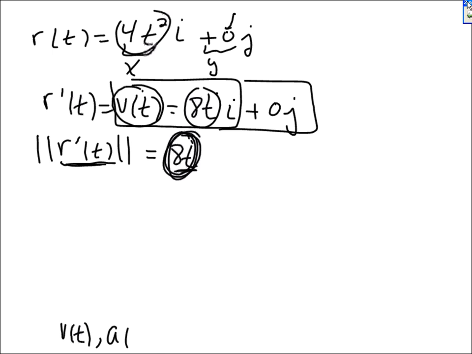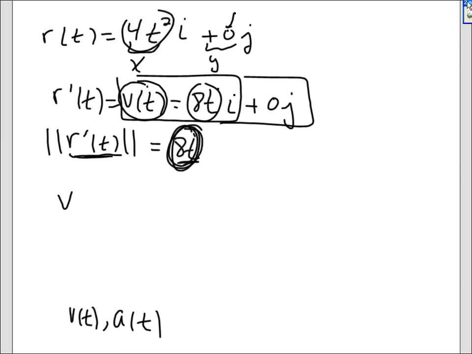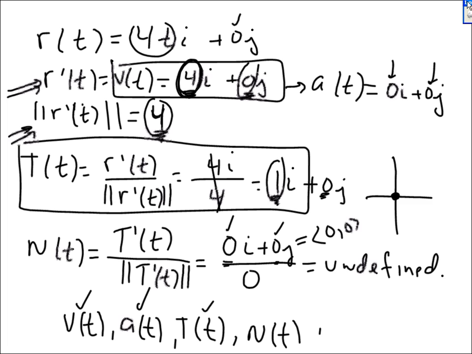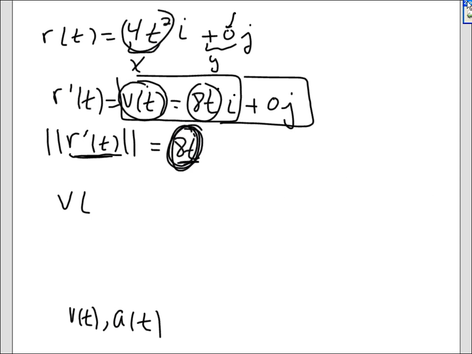We also want to find a of t. I think I forgot to do that in the last one. Let's see if I did. It's up there. Okay, so now we want to find a of t.